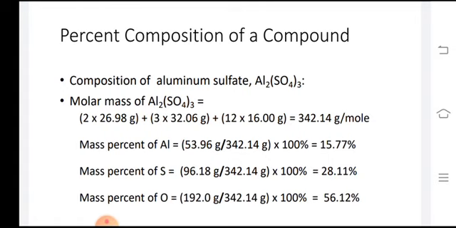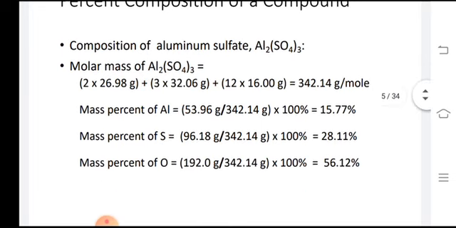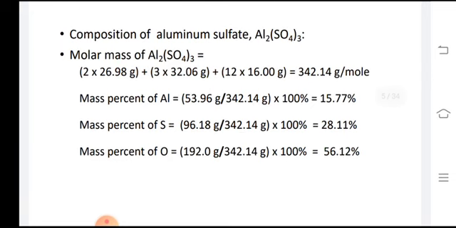Simply by multiplying by the atomic weights, and when we have the total molar mass, then we can find the percentage of every element separately. Every atom and molecule used here can be separately found for its mass percentage, so aluminium, sulfur and oxygen can be separated based on their percentage weightage.